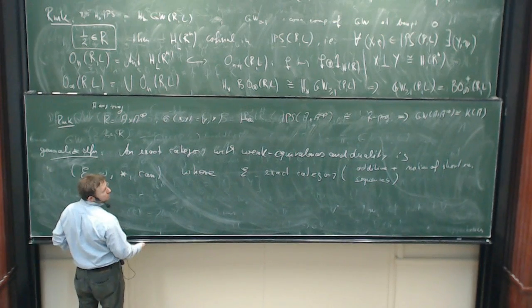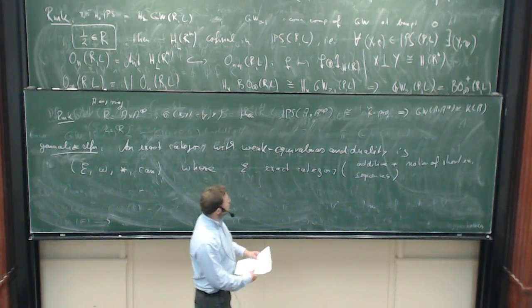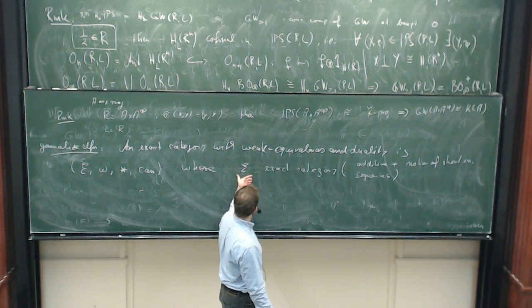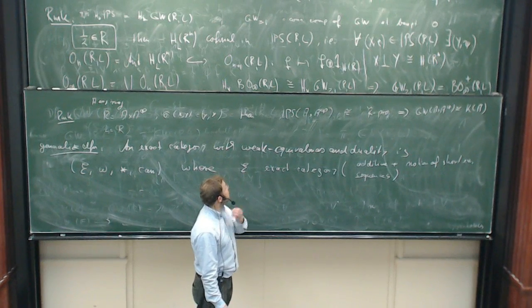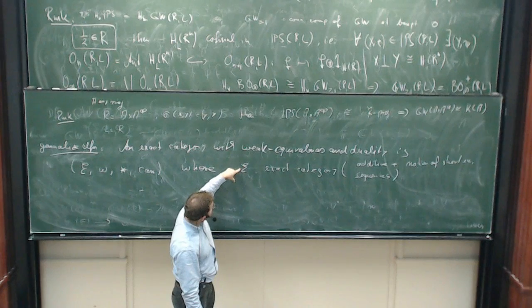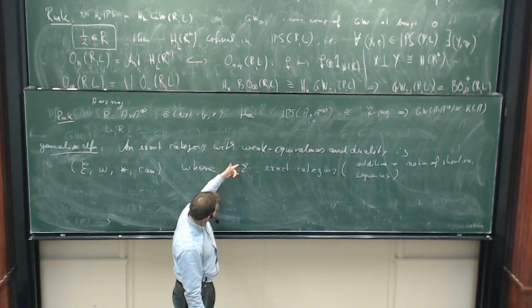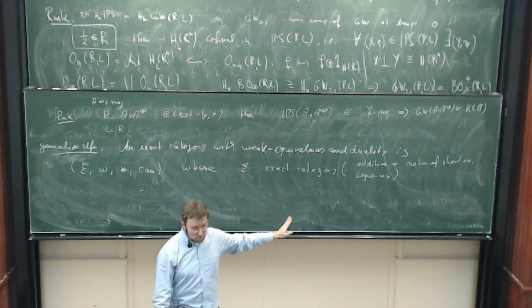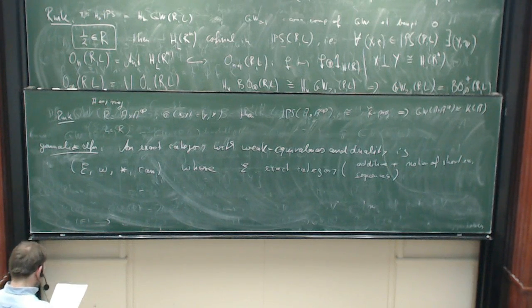Satisfying a list of axioms, but they're equivalent to saying that E is a fully faithful subcategory of some abelian category, extension closed in the abelian category, such that a sequence in E is exact if and only if its image in the abelian category is exact. So that's one way of shortly saying what an exact category is.